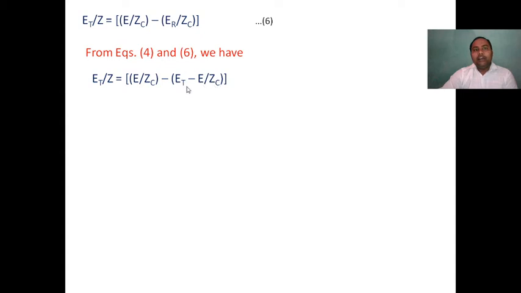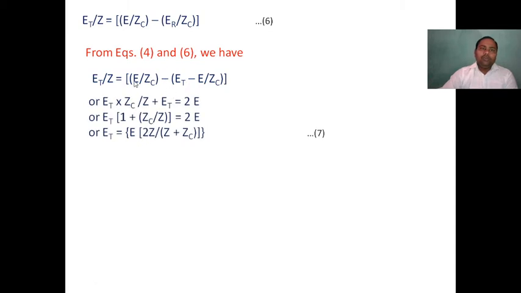How do we get ET minus E? The transmitted voltage is the sum of the incident voltage plus the reflected voltage, so the reflected voltage is equal to ET minus E. You can replace the reflected voltage with ET minus E. So finally we get E by ZC minus (ET minus E) by ZC.